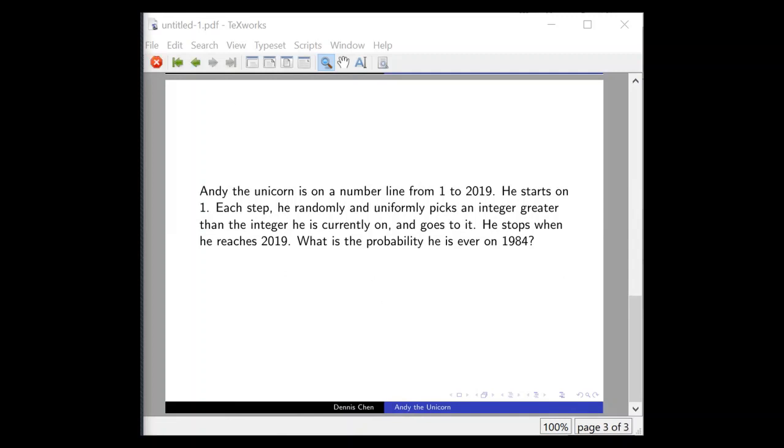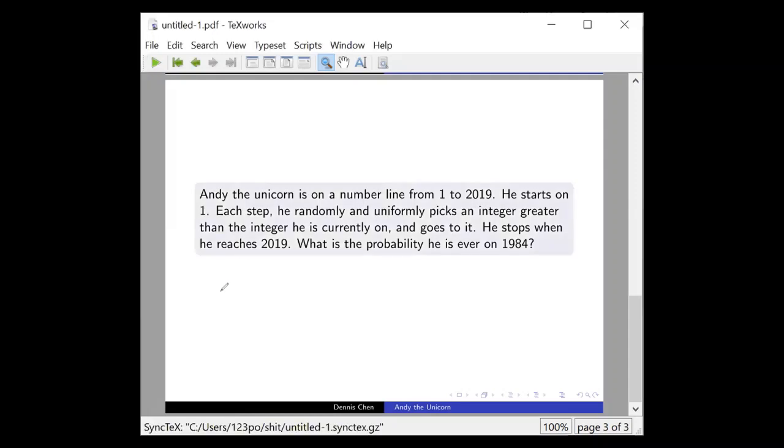So let's just show what this problem means. Let's say he's at 1. There are 2018 numbers between 2 and 2019, and he lands on any of them with equal probability. Let's say he goes to 1379.